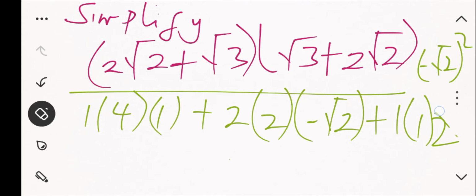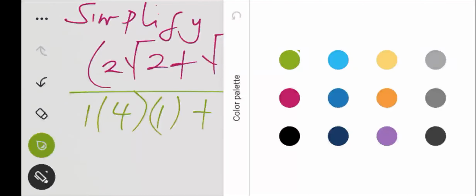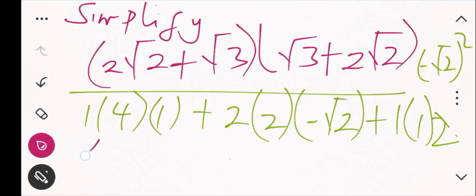So we just multiply through. We have 1 by 4 by 1, which is giving us 4, plus. Note that there's negative here, so the plus will be defeated. So 4 times negative root 2, negative 4 root 2.